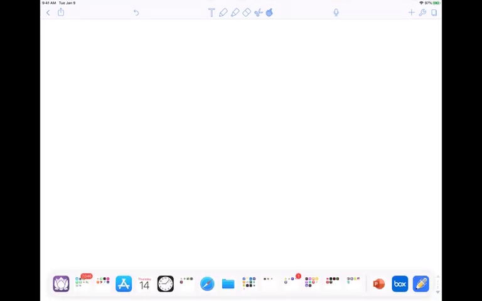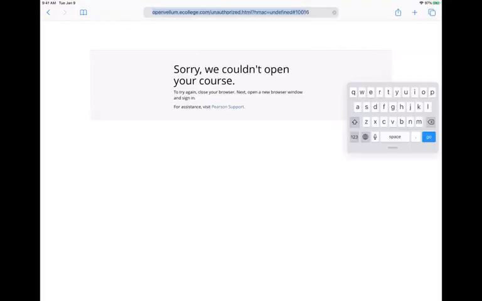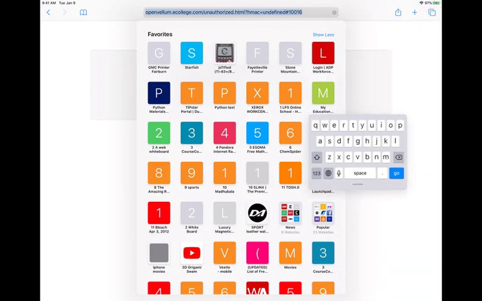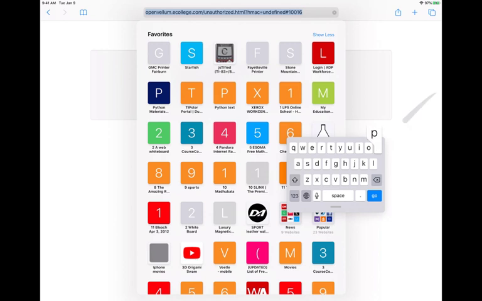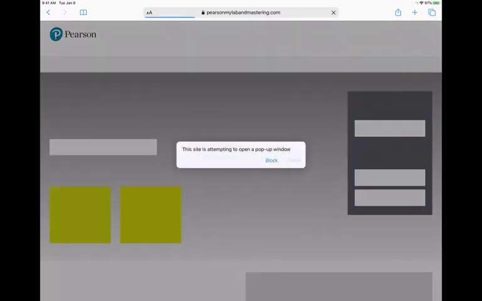Also today, let me see, where is this handout? Actually, let's go like this. Another thing that we're doing today, let's go to Pearson. Today we're doing something a little bit different.